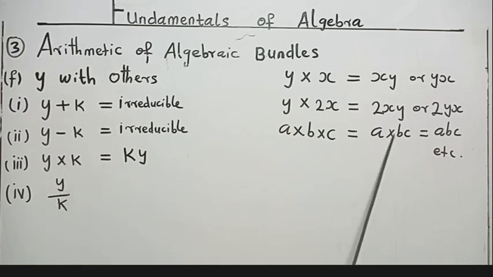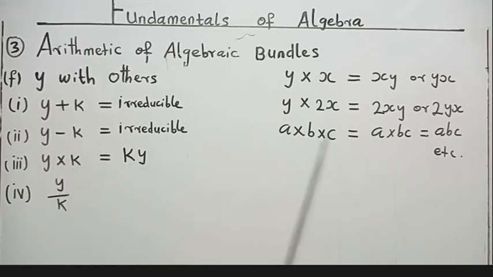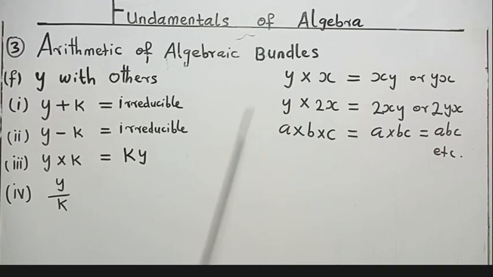Therefore, a times this bc, our a is now this y, times is still where it is, our k is now this bc, so that in the end, if we have ky, it now becomes this abc. So a times b times c is just equal to abc.